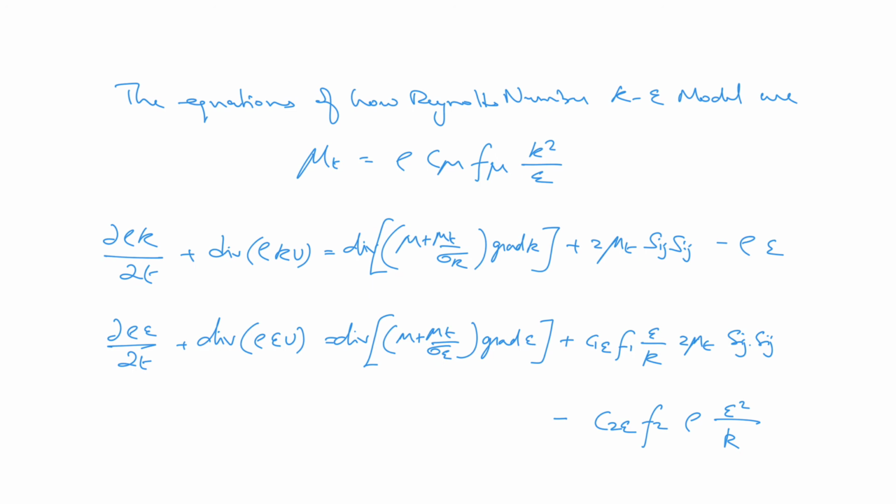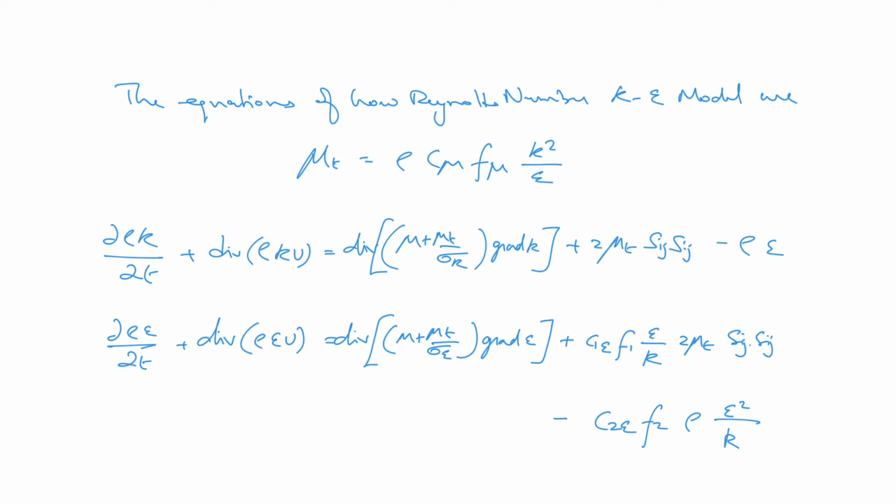The equations for the low Reynolds number K epsilon model are given as below. So these are the governing equations for low Reynolds number K epsilon model. So you know the relation for mu t. We have introduced one new term F mu here, and we have the governing equations for K and epsilon. Here we have included the molecular viscosity, dynamic viscosity, that is mu, in the gradient diffusion hypothesis term.